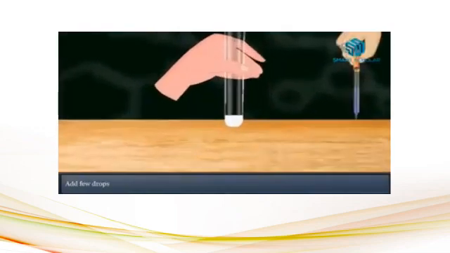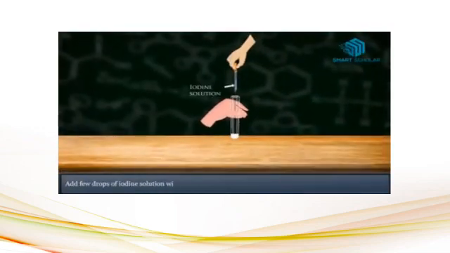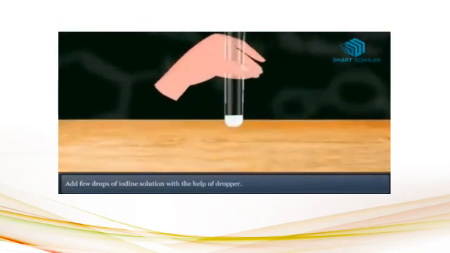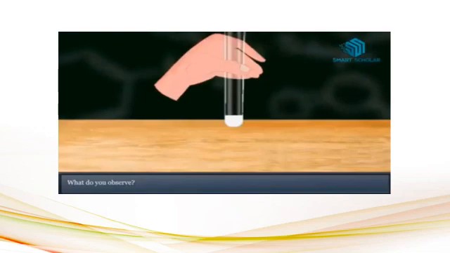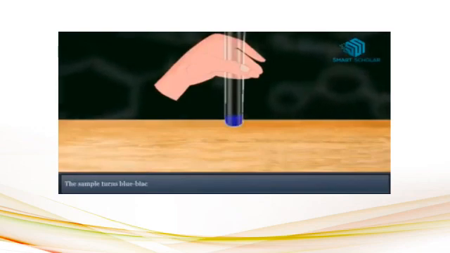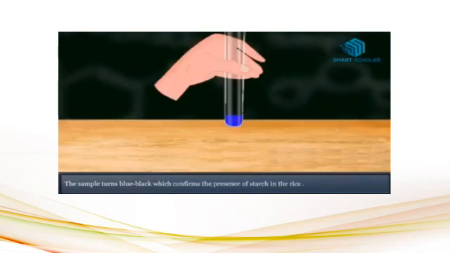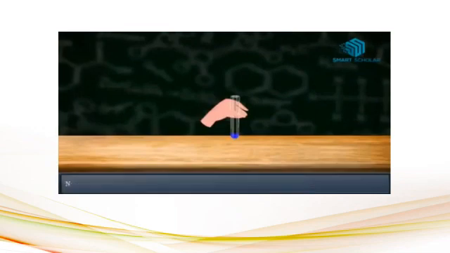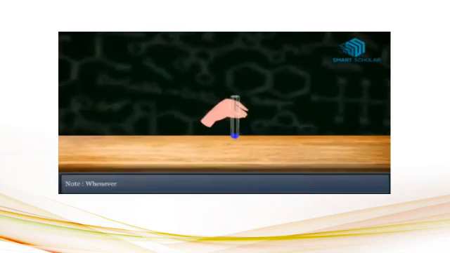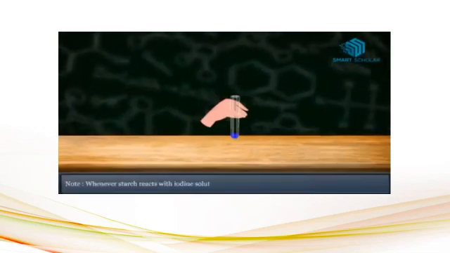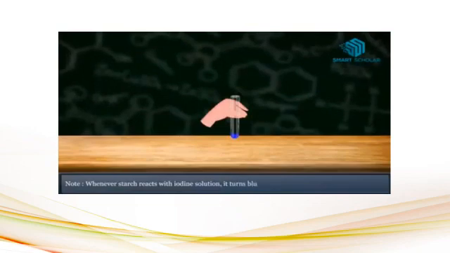Add a few drops of iodine solution with the help of a dropper. What do you observe? The sample turns blue-black, which confirms the presence of starch in rice. Note, whenever starch reacts with iodine solution, it turns blue-black.